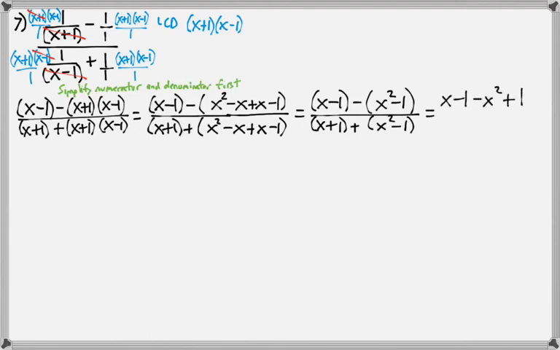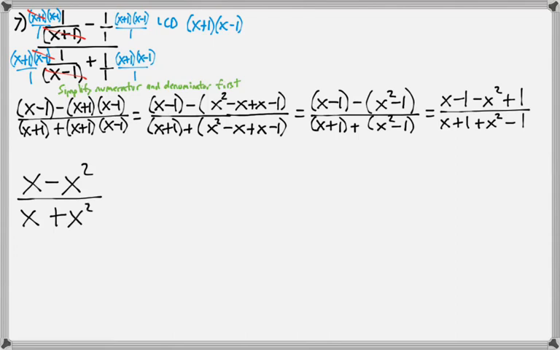That changes to a plus 1. And then let's combine like terms. This will be x minus x squared on top and x plus x squared on the bottom.